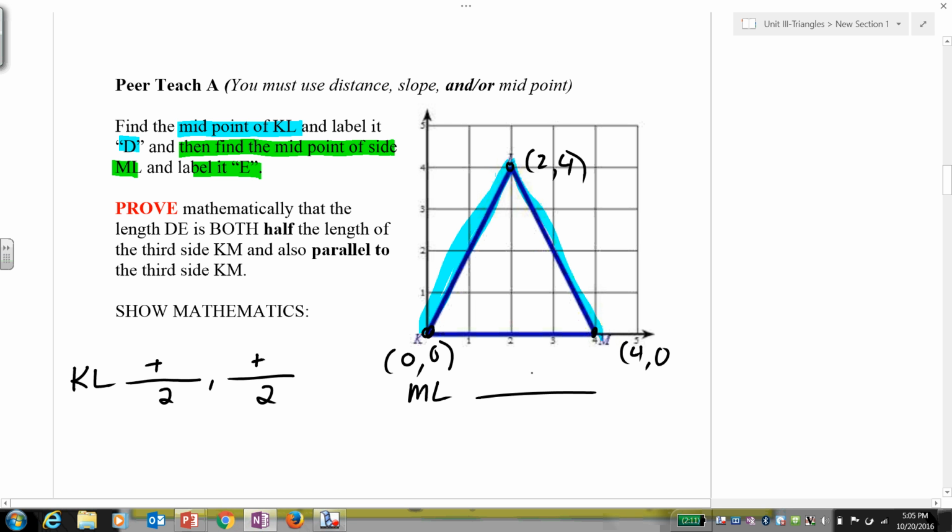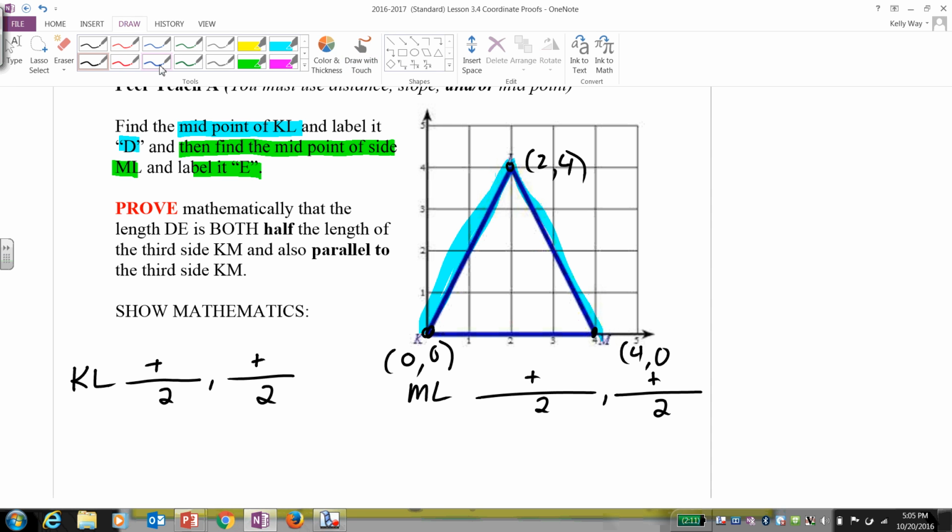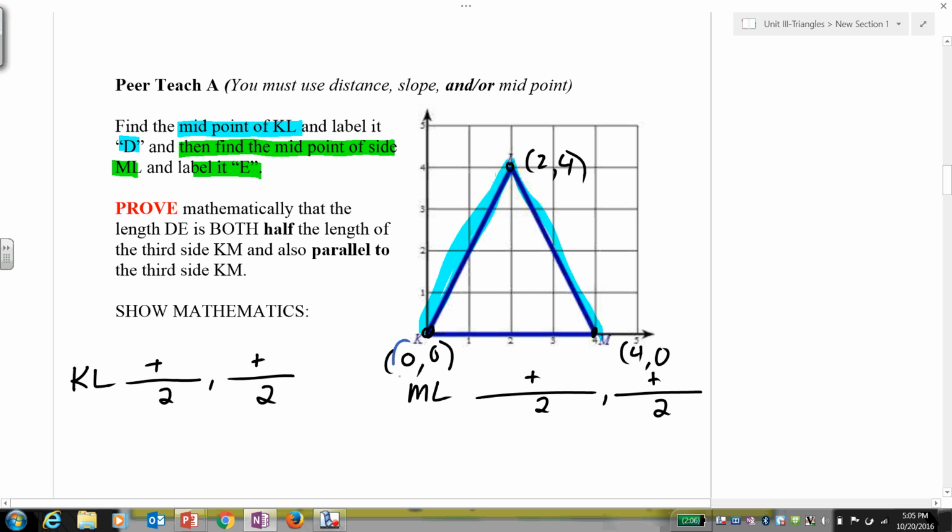ML. Add, divide by 2, add, divide by 2. So for KL, we add the x's, divide by 2. And we add the y's, divide by 2.